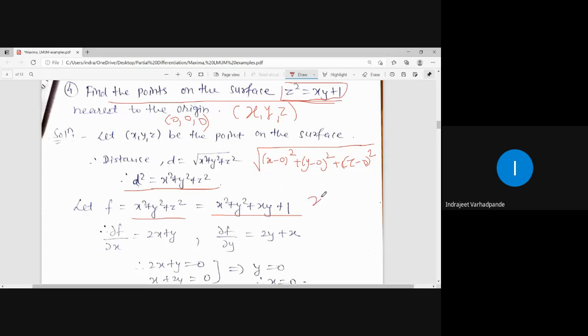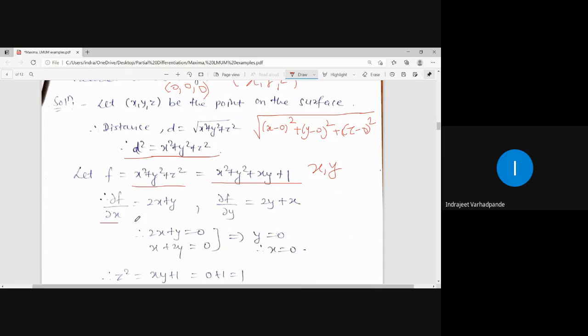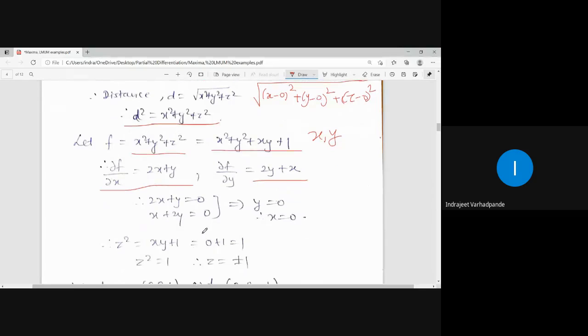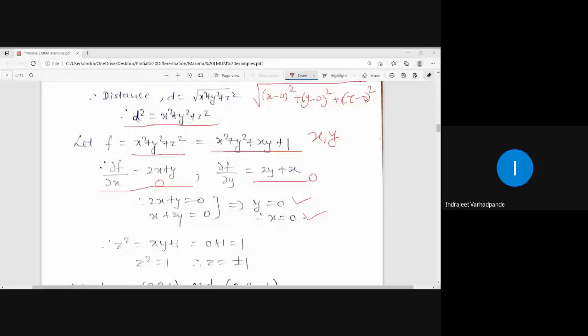Now it involves only two variables, x as well as y. So del f by del x and del f by del y will be the derivatives. As per the working rule, del f by del x is equated to 0 and del f by del y is equated to 0. Find the values of x as well as y, then from that we calculate the value of z.